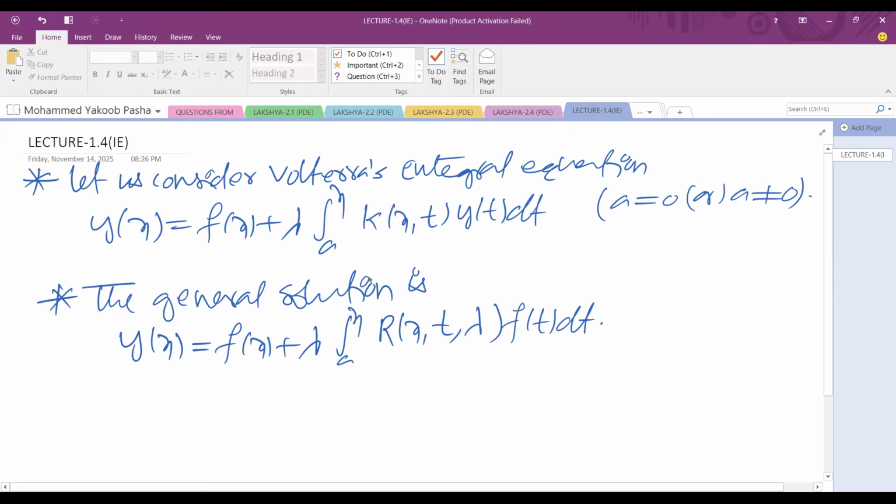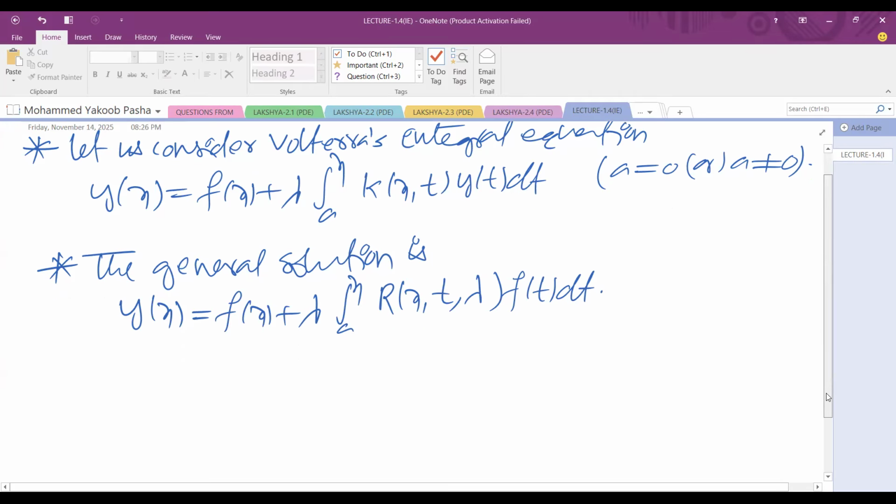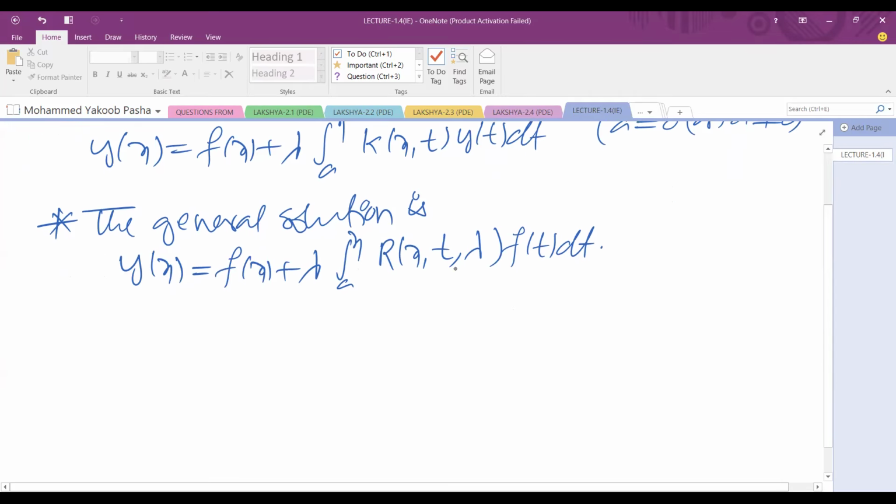This is the general solution. We have some shortcut tips to find the resolvent kernel. After finding it, substitute in this equation, and after integration we will get the general solution.